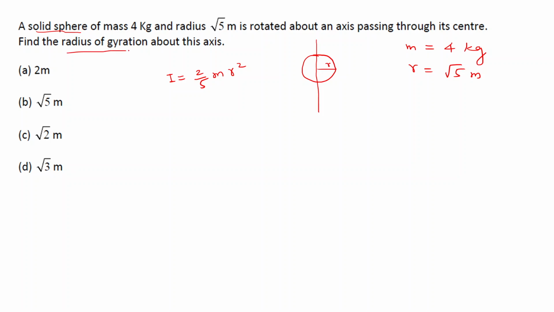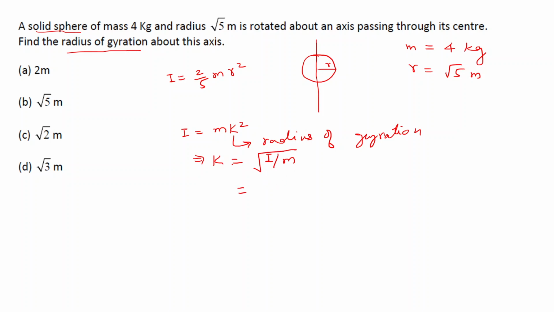So radius of gyration is what? The moment of inertia in terms of radius of gyration is written like this, where k is called the radius of gyration. So from this, the radius of gyration is the root of I by m.